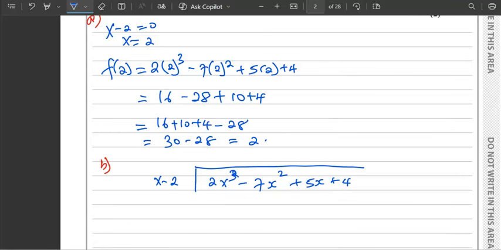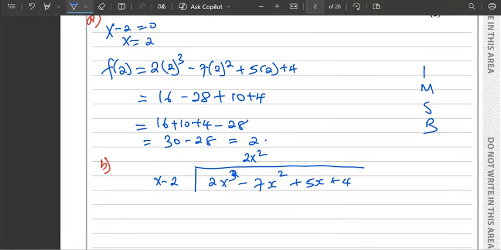Now, we normally use the acronym for long division: divide, multiply, subtract, bring down. We start with x goes into 2x cubed how many times? It goes 2x squared.